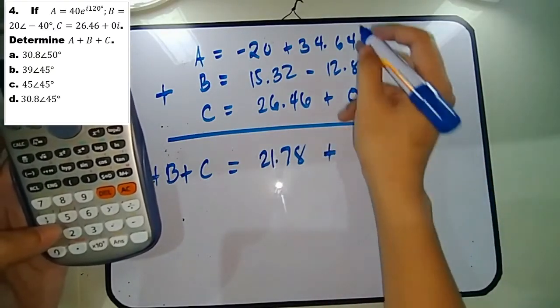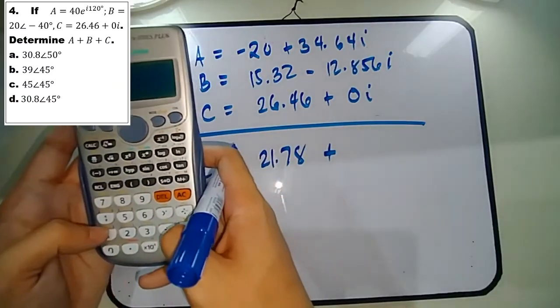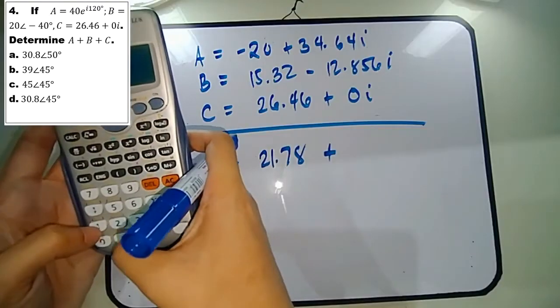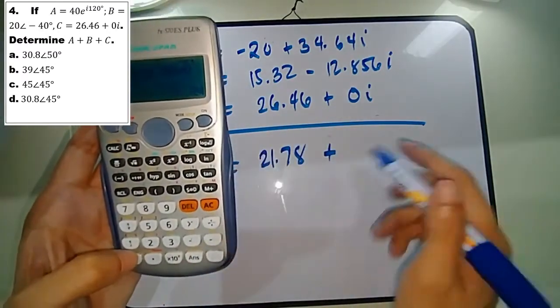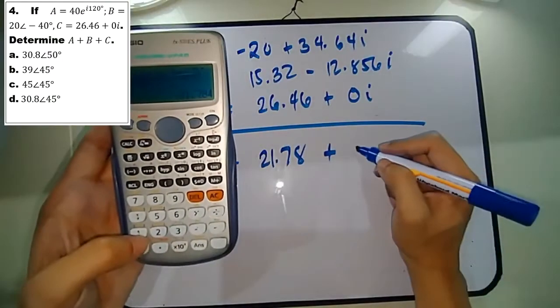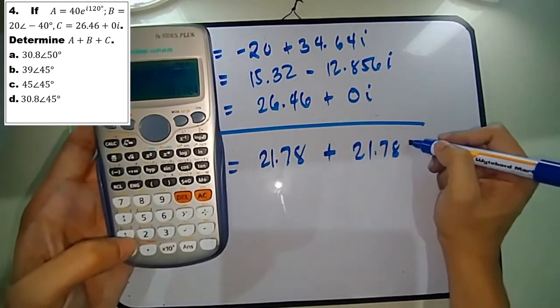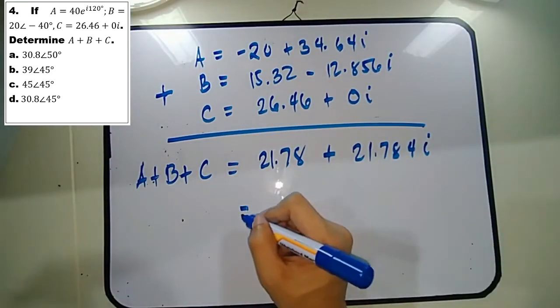So plus, we have here 34.64 minus, so plus negative 12.856 plus 0. So we have here 21.784i.